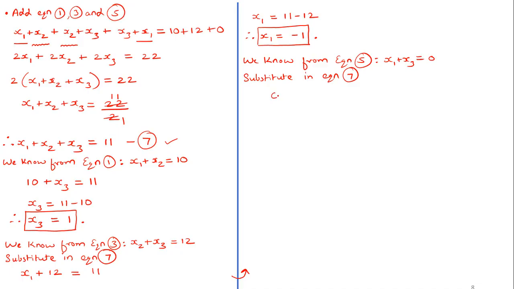It is 0. So 0 plus what will remain is x2 is equal to 11. So 0 you leave it directly. So x2 will become 11. So here we got x3, x1 and x2. Now similarly on the next page, we will take all the y variables, and we will find y1, y2 and y3.